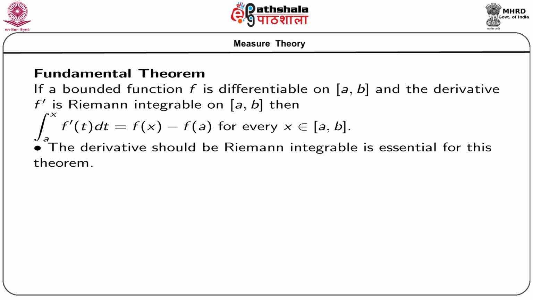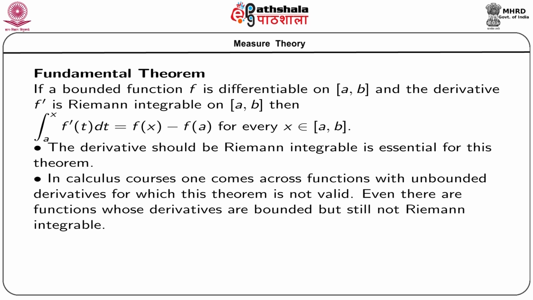Now, here the main point is that the derivative is Riemann integrable. This condition is essential for this theorem. In calculus courses, you have come across functions which have unbounded derivatives.